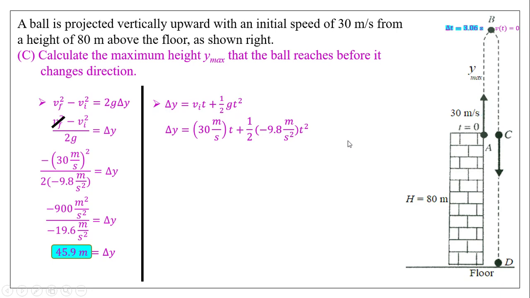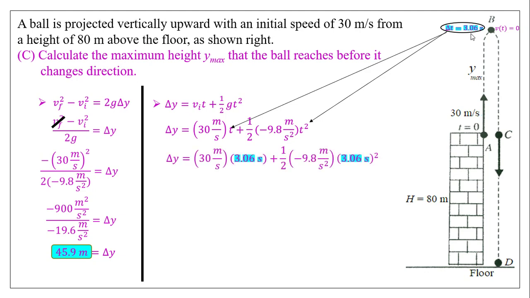Okay, but if you pay attention to the previous two parts, delta time to get to the peak is 3.06 seconds. So we already previously calculated that. Therefore, we can just use that value previously calculated and plug it in here. So it took about 3.06 seconds to get from the top of the building to the maximum height, and that is our time to get to ymax.